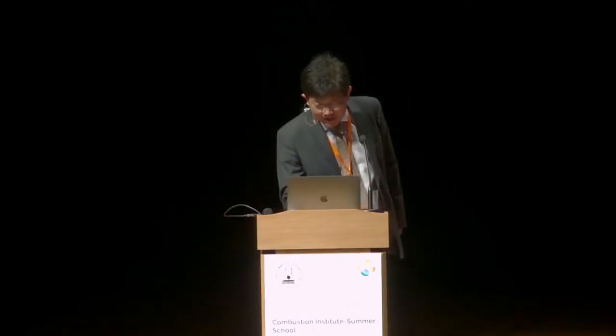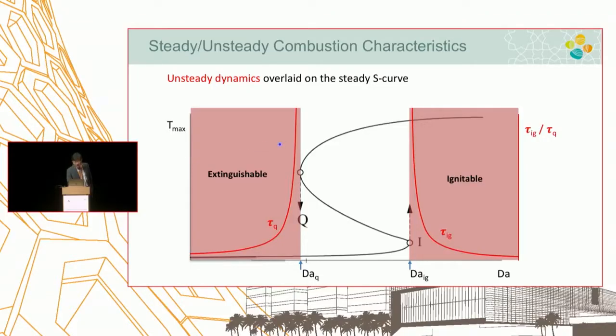Depending on the corresponding Damkohler number of the system, the time to extinguish will be faster and faster the further down you bring it into the lower Damkohler number. So that's the general understanding of how to look at this S-curve.